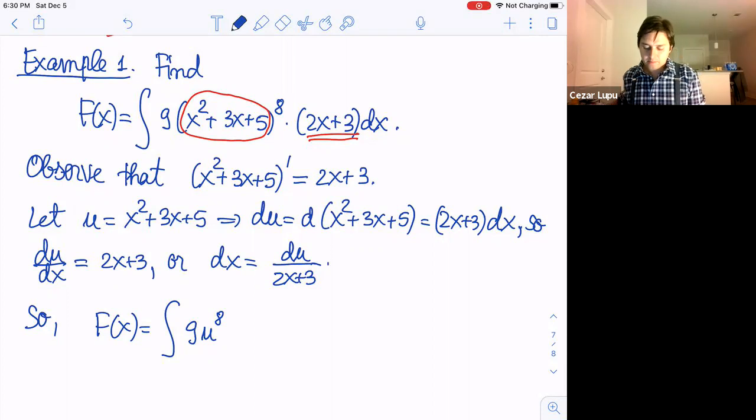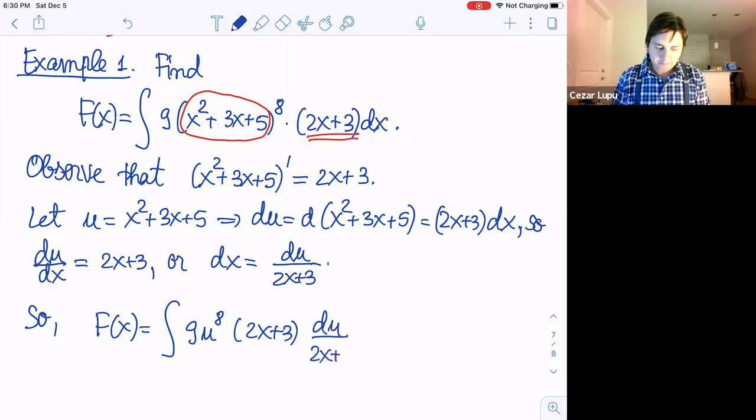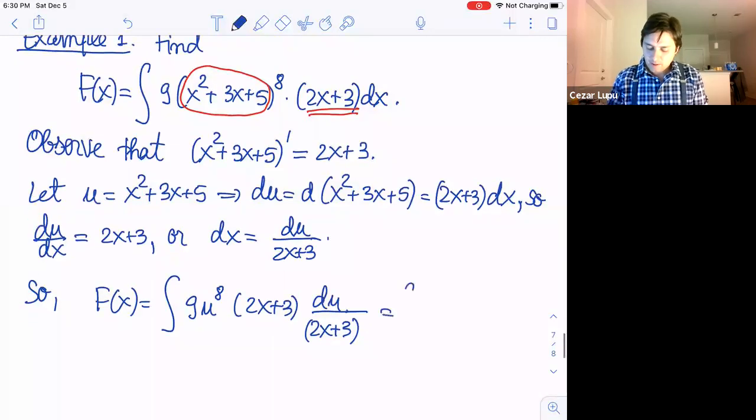Wait. Oh, okay, yes, I forgot about this: it's 2x plus 3 times du over 2x plus 3, right? Okay, so this would be nothing else than just the integral of 9u to the power 8 du.